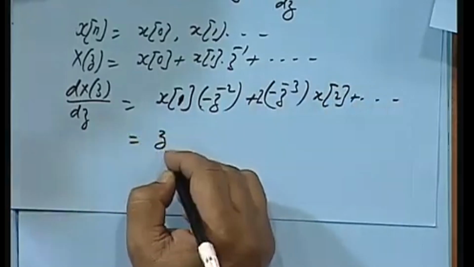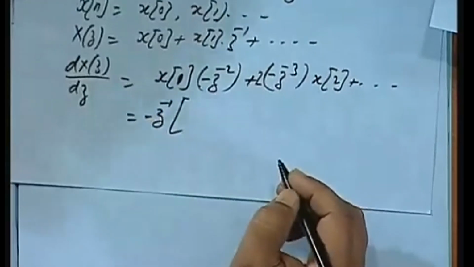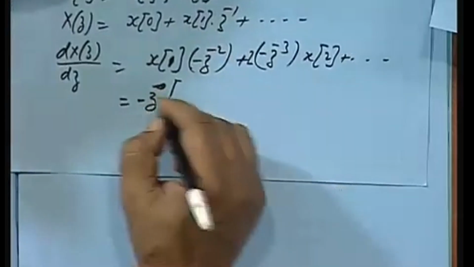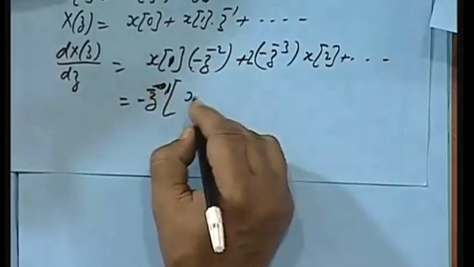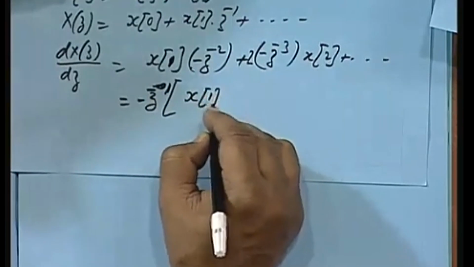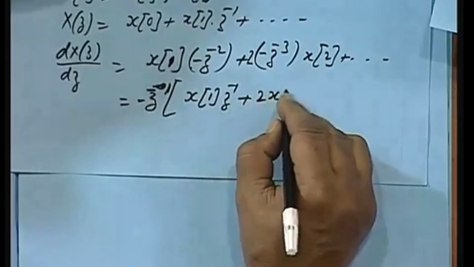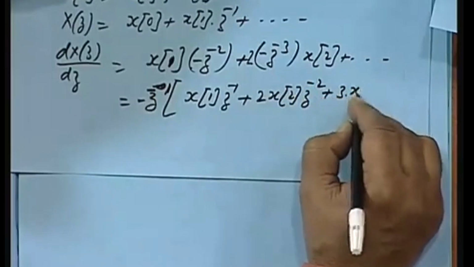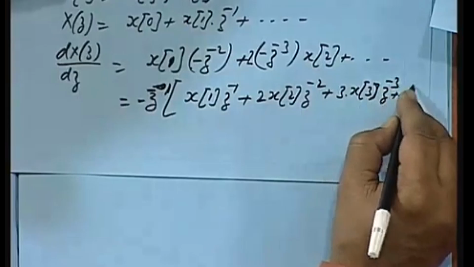and so on. If I take minus z to the power minus 1 common, it will be x 1 z to the minus 1 plus 2 into x 2 z to the power minus 2, 3 into x 3 z to the power minus 3 and so on.